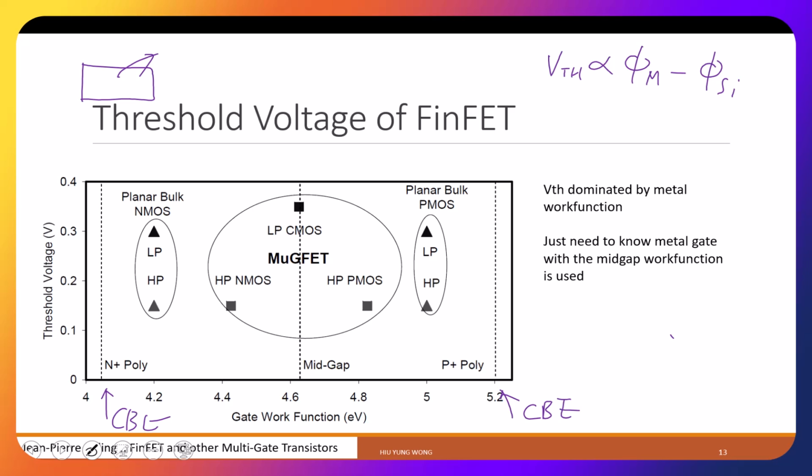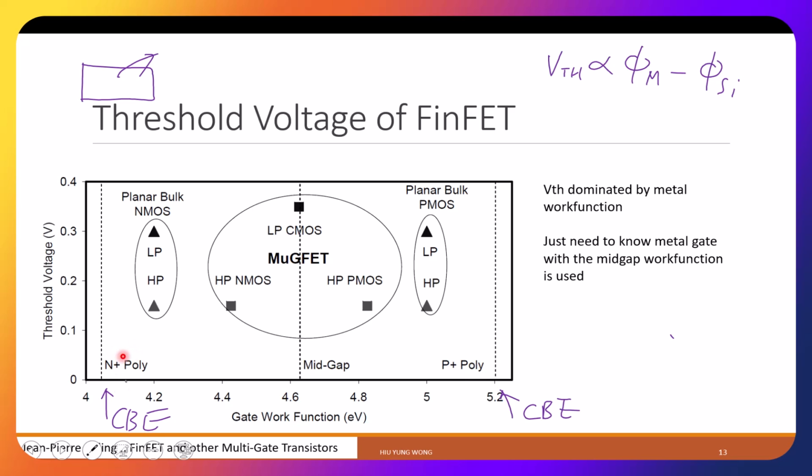Since we are not going to discuss this in this class, just memorize this. In the old time, if you just use an N plus gate, then you will have a pretty good, well-behaved NMOS. A P plus gate for PMOS gives you a well-behaved PMOS.